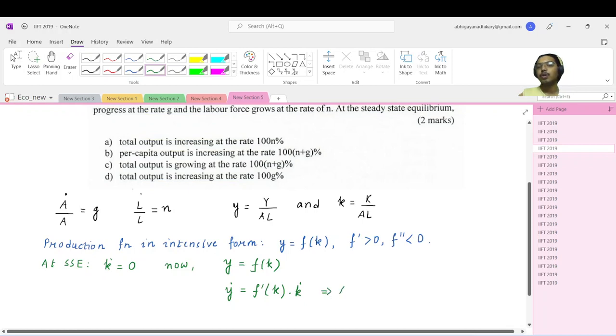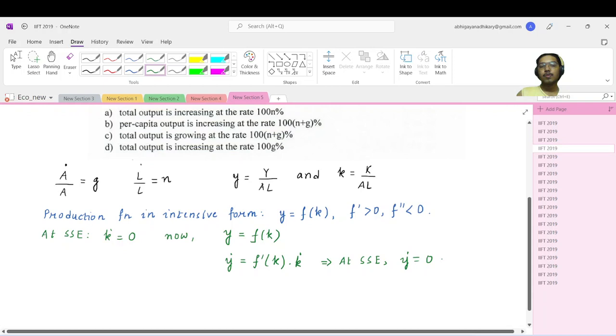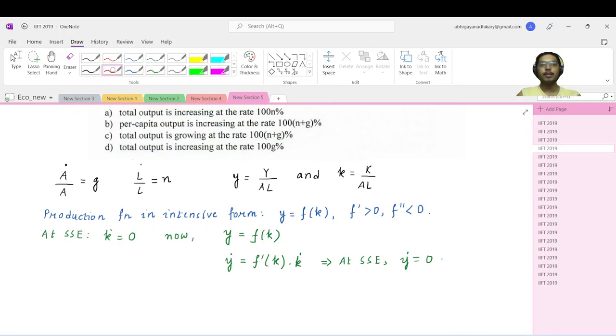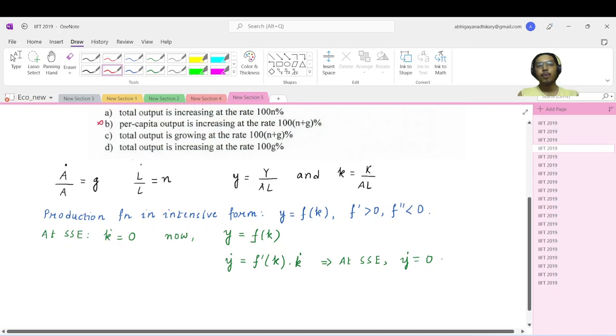So at the steady state equilibrium, y dot is also 0. So the output per capita also doesn't grow at the steady state equilibrium. So option B is definitely gone, because it says that the per capita output is increasing. It doesn't grow, it is 0. So y dot equals 0 at the steady state equilibrium, right?